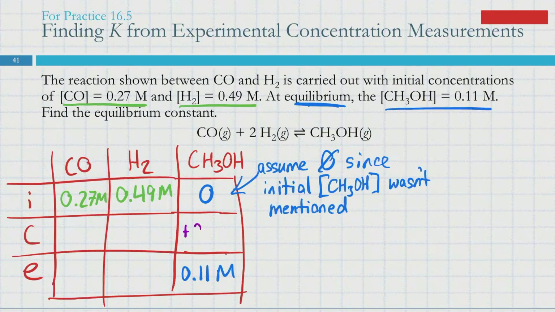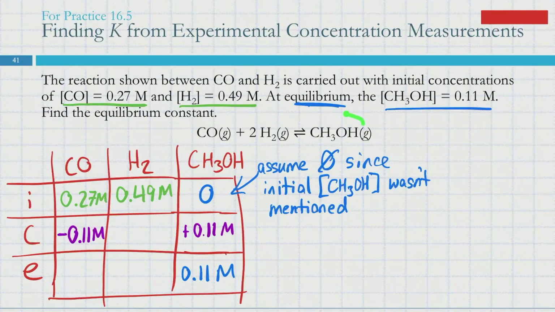We added 0.11 molar CH3OH. Looking at the stoichiometry in our balanced equation, we've got a 1-to-1 ratio between CH3OH and CO, carbon monoxide. So we will have lost the same amount of carbon monoxide.